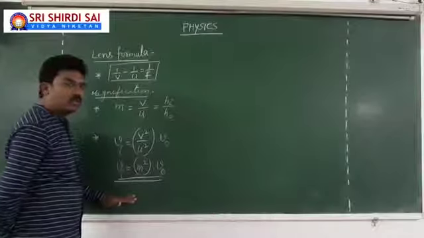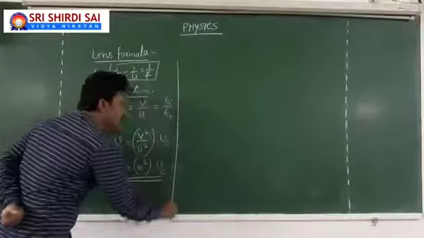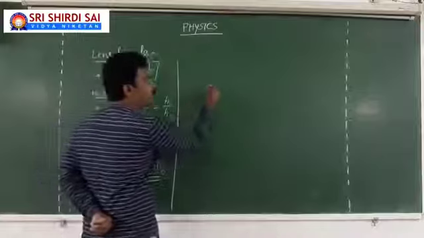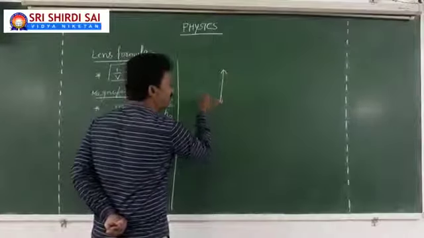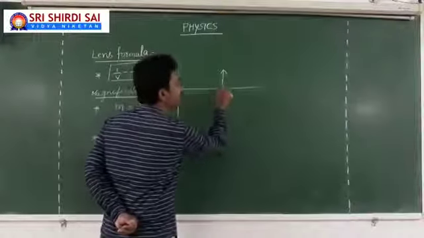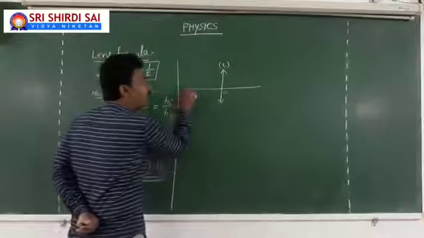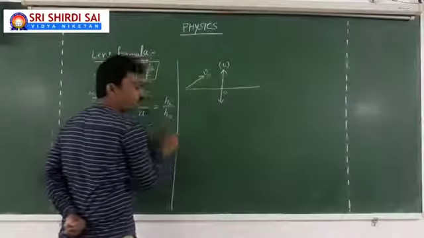What if my object is not moving along the principal axis? Look at the figure once. Here is a convex lens or a concave lens, here the principal axis, the optic center. And the velocity of the object is at an angle with the principal axis.